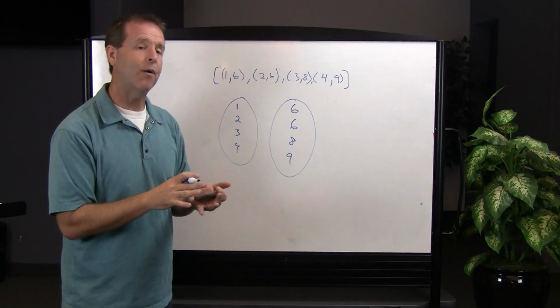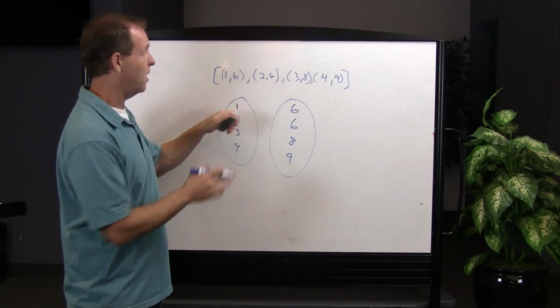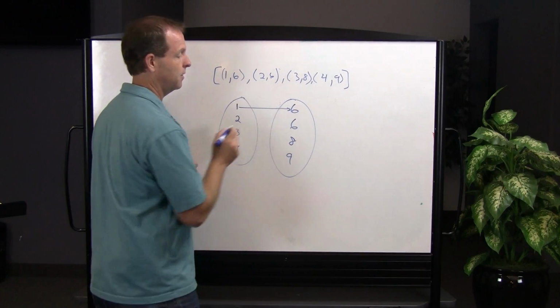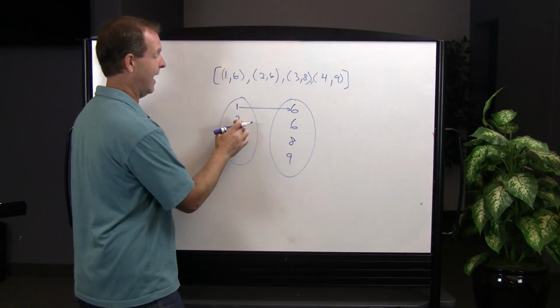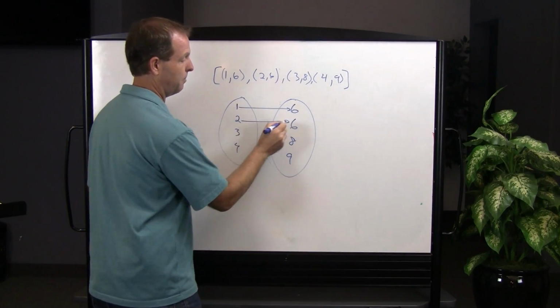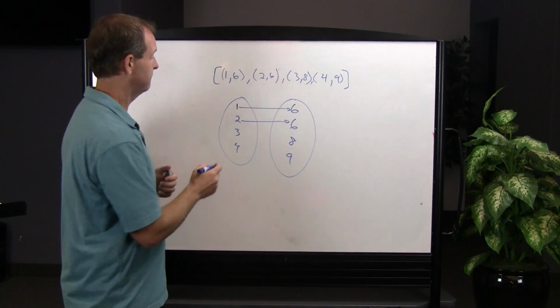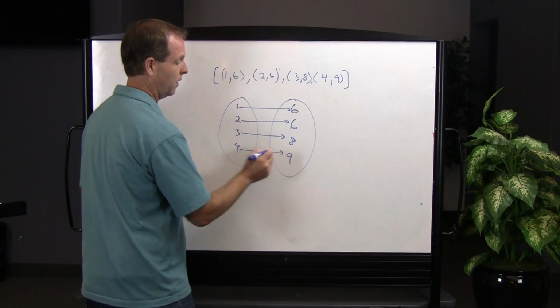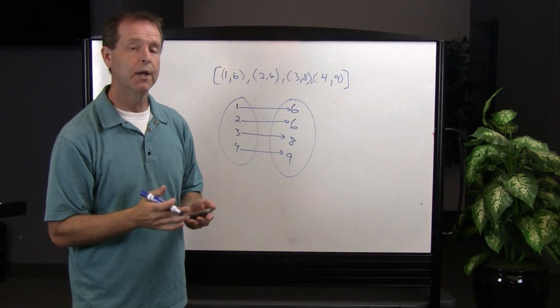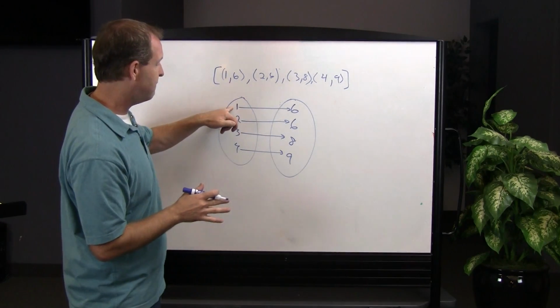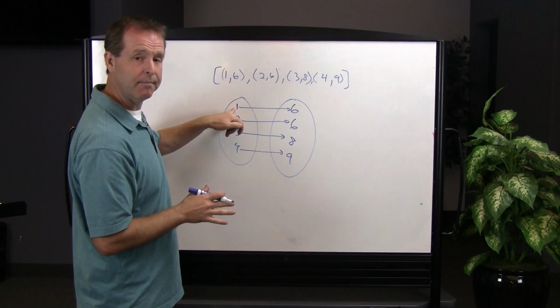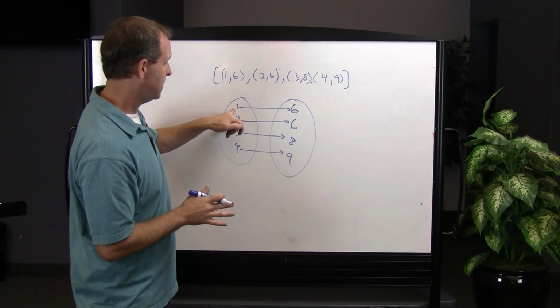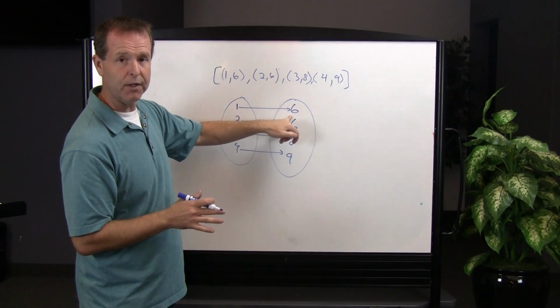If I look at it in that way, I can see that a 1 corresponds to a 6, a 2 corresponds to a 6, a 3 corresponds to an 8, and a 4 corresponds to a 9. So in each case, every value that I have in my input or my domain corresponds to exactly one value.